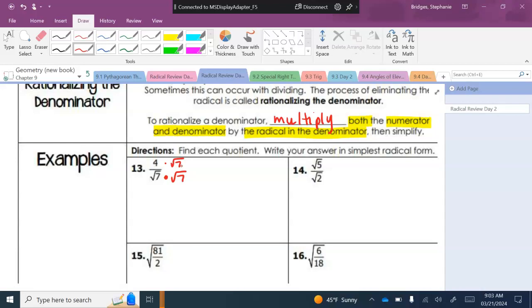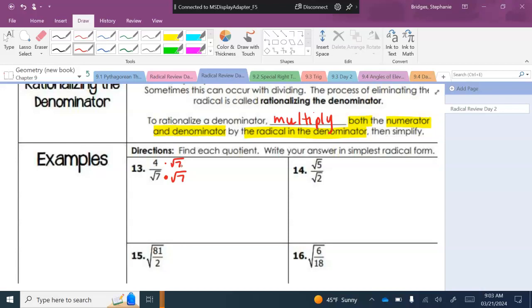Okay, now here's where I need you to pay close attention. When I am multiplying numbers, I have to multiply what's in the same position. What I mean by that is a number that is not under a radical cannot actually multiply with a number that is under the radical. So for example, in number 13, that 4 is not under a square root sign, correct? But the 7 is. So I cannot actually multiply those and get 28.